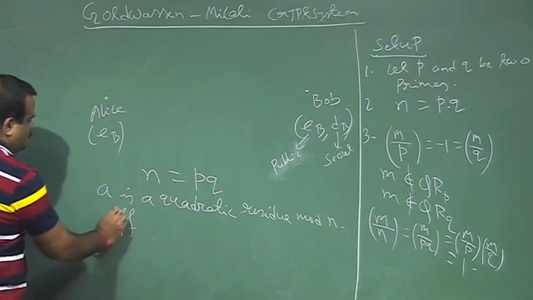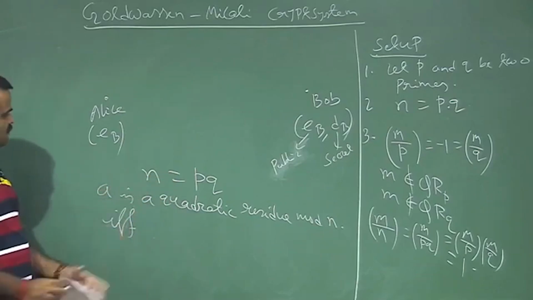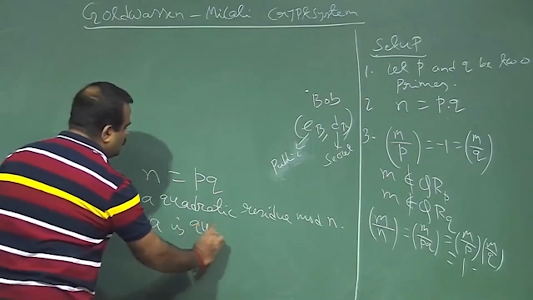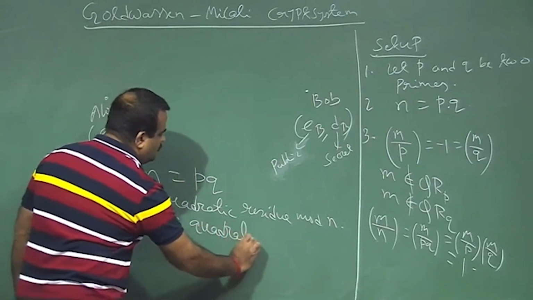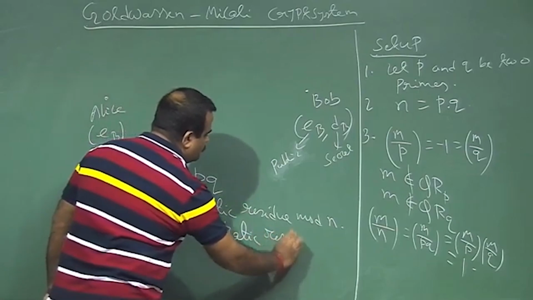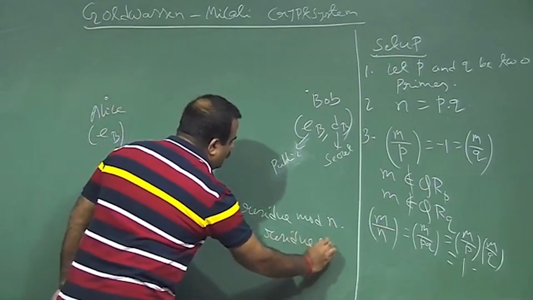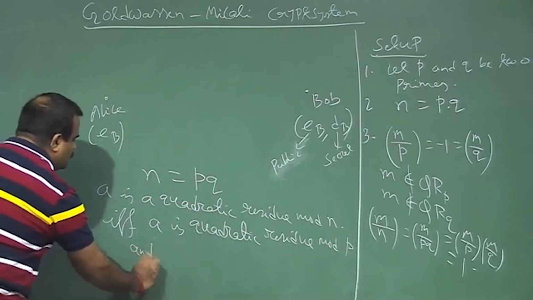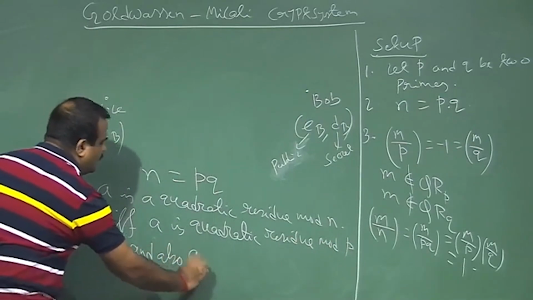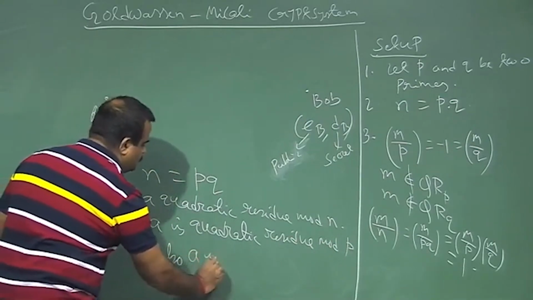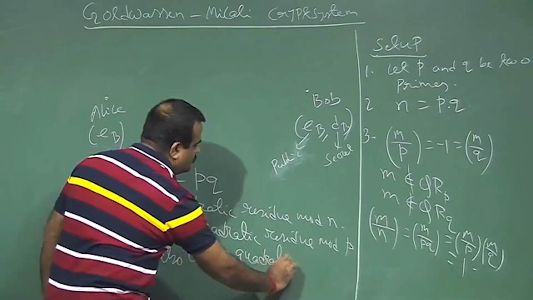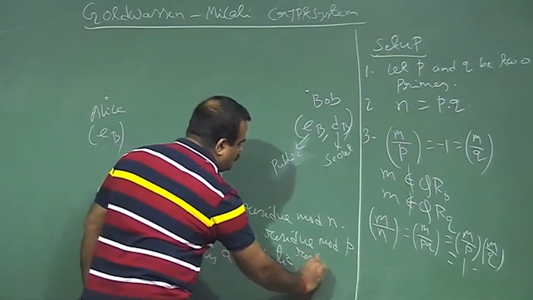This is the definition of quadratic residue on a composite number. If and only if a is a quadratic residue mod p and also a is a quadratic residue mod q.